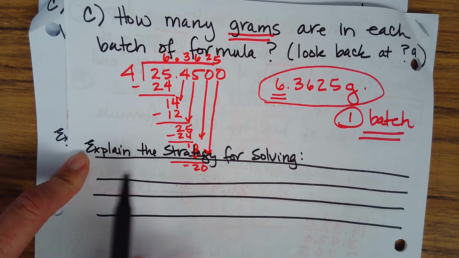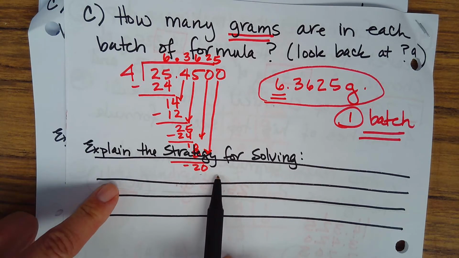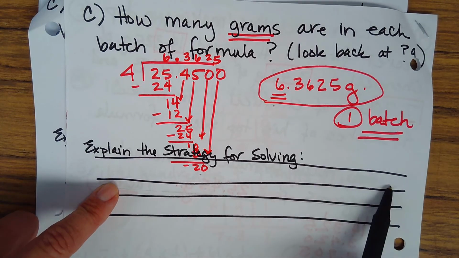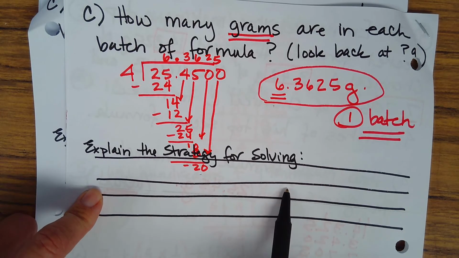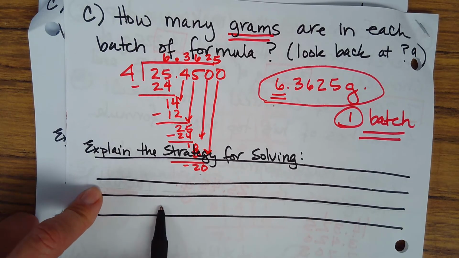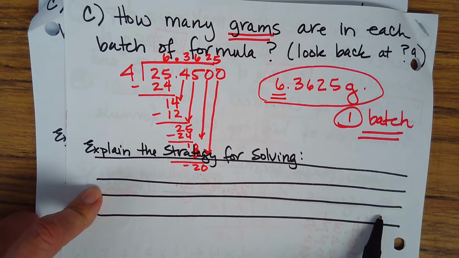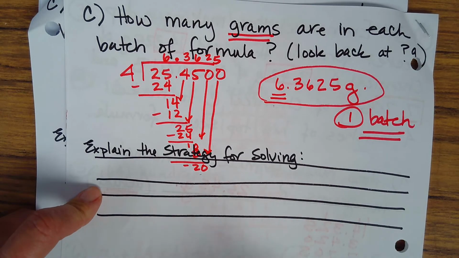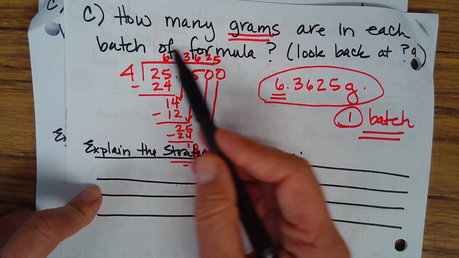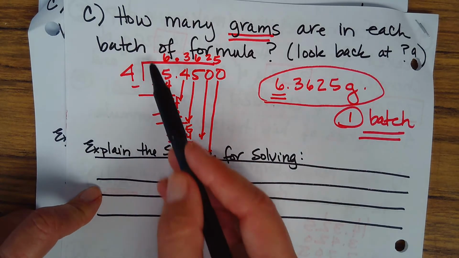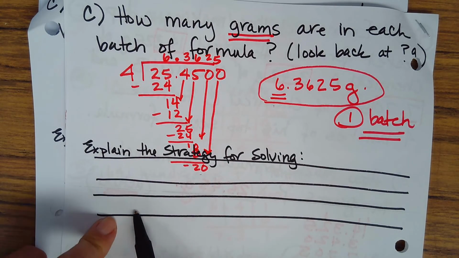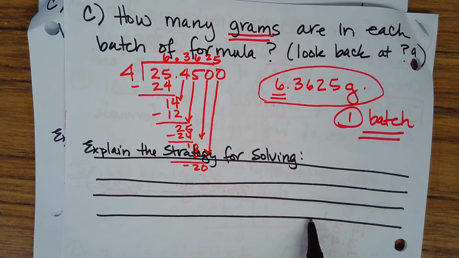I looked back at problem 9. I found the total amount of formula. Then I divided the formula into 4 batches using standard algorithm. Maybe you use place value strategy. If you decide to use place value strategy, that's your strategy. I use standard algorithm, so you want to say I use standard algorithm.